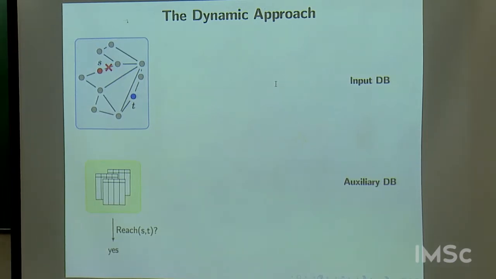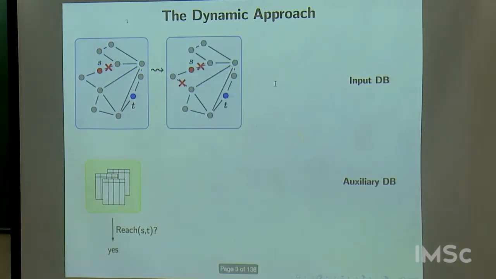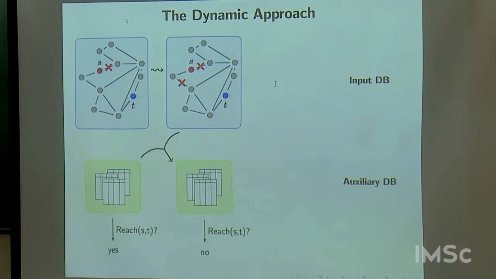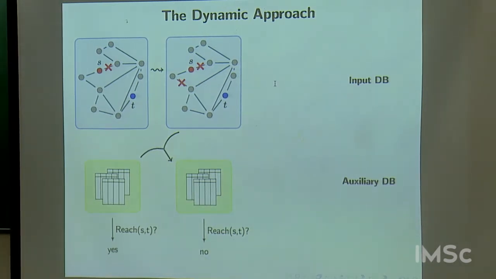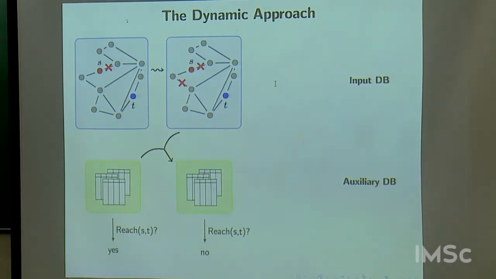Now once this edge breaks down, you can infer that T is still reachable from S. Now another edge breaks down, and now you can infer that S cannot reach T. And all the while we maintain some auxiliary database along with the original graph, which will tell us whether S and T are reachable or not.